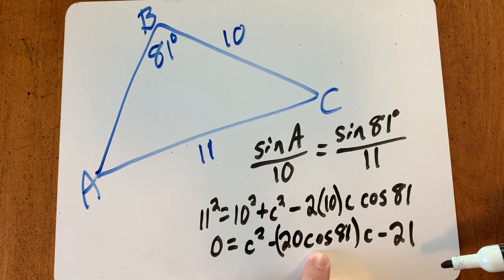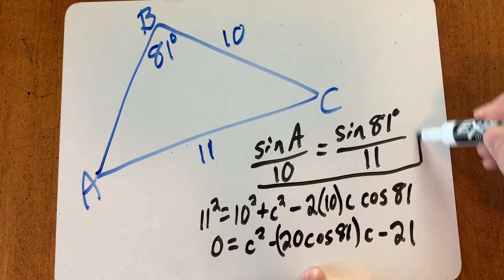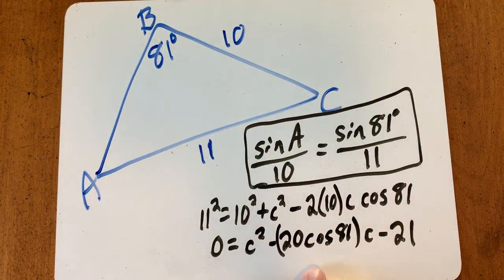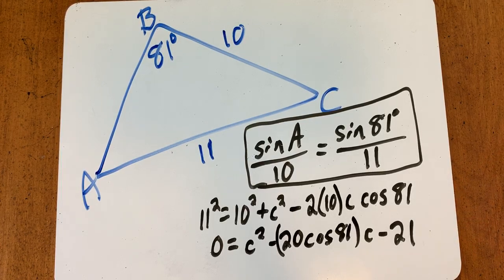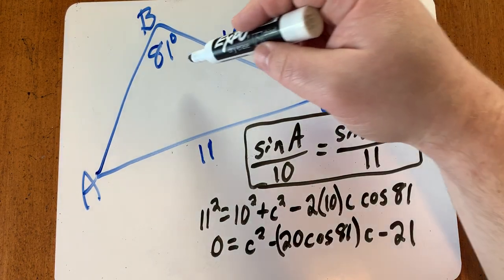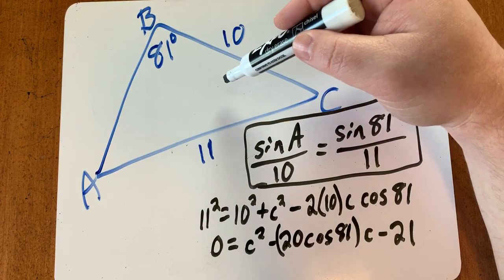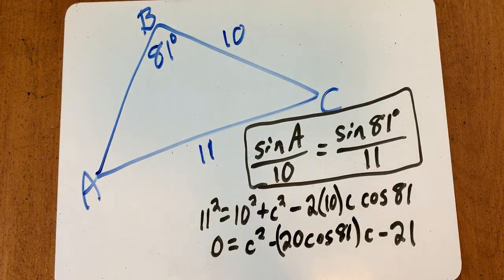So if you don't feel like using the quadratic formula with trigonometric values, I would recommend using the law of sines. If you do want to use the quadratic formula, you can. It would give you the answer from this, but I would caution against that. It's not really the best method. So if you have the angle not between the two sides, I would use the law of sines.